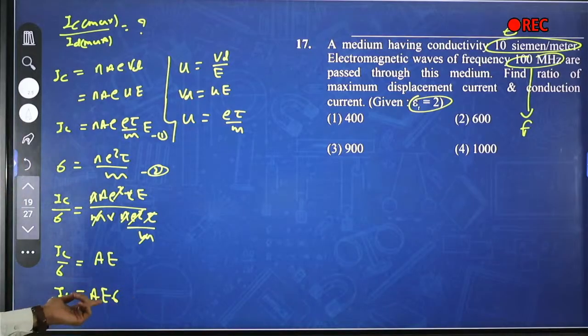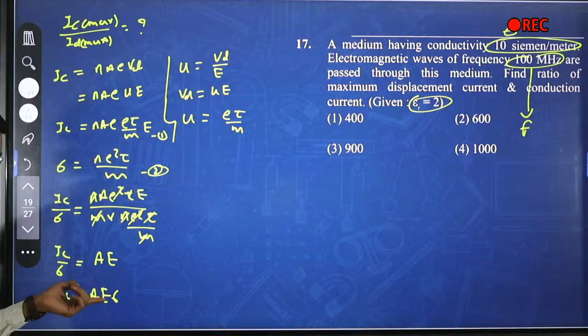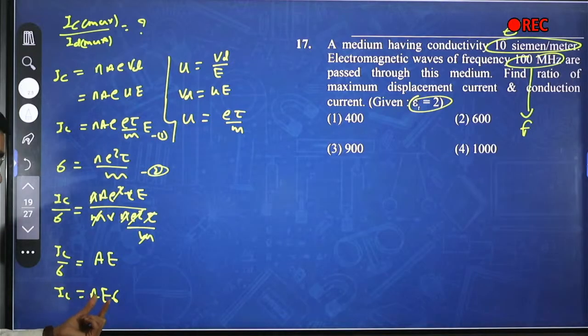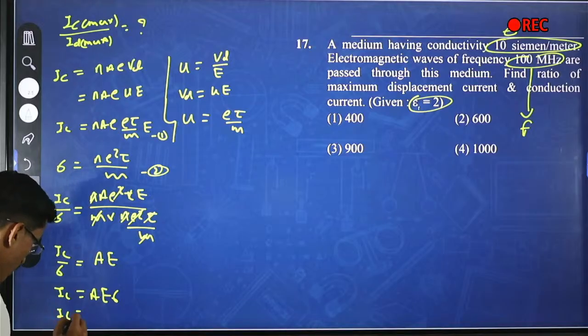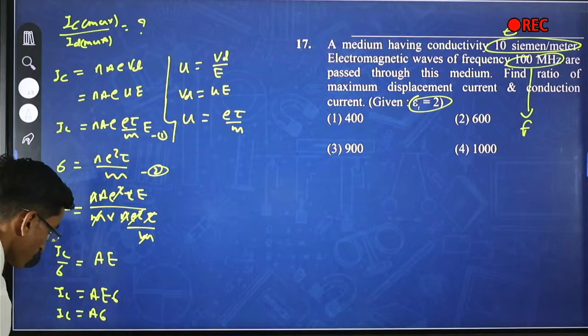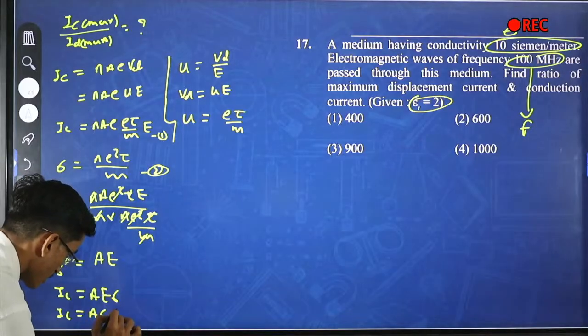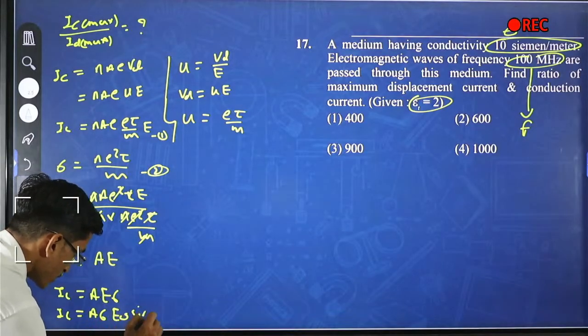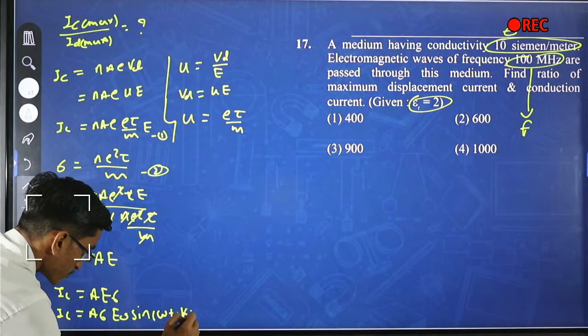Further, this is the general formula of electric field. We want to find the maximum conduction current, so we have to write the general electric field formula. So IC can be written as A sigma, and we can write electric field E as E naught sin(omega t minus kx).